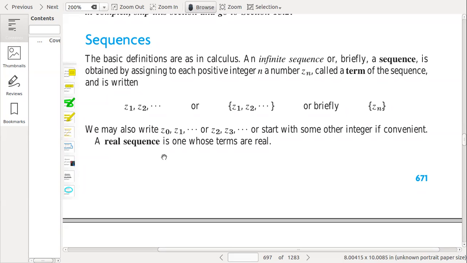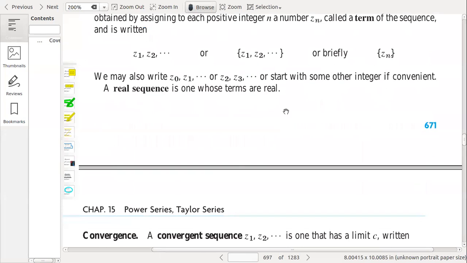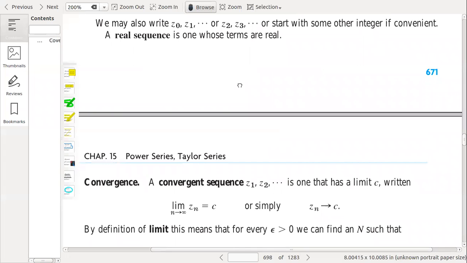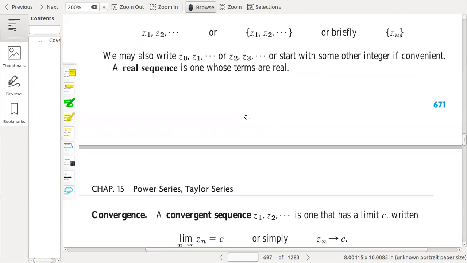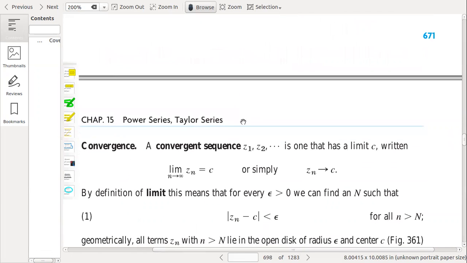We may also write Z0, Z1, and so on, or Z2, Z3, and so on, or start with some other integer if convenient. A real sequence is one whose terms are real. So if each term of the sequence is a real number, we can say the sequence is a real sequence.